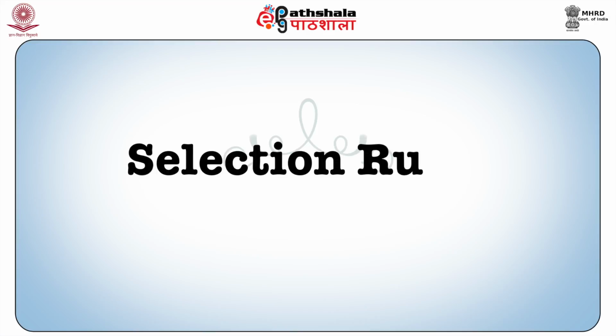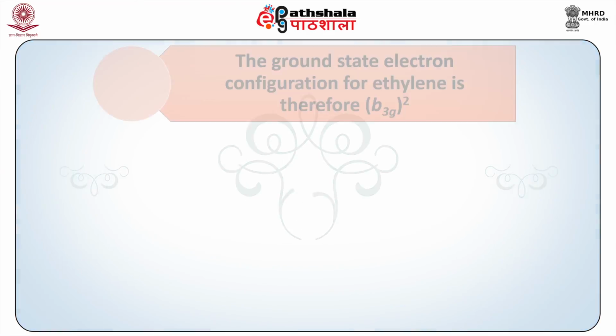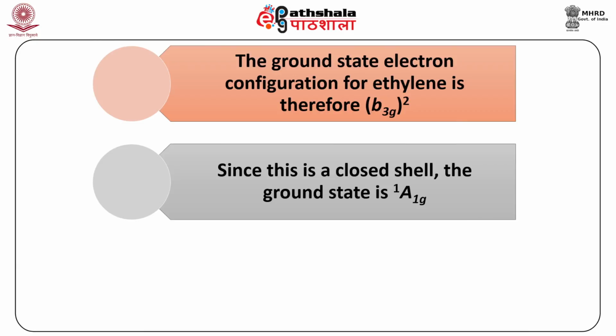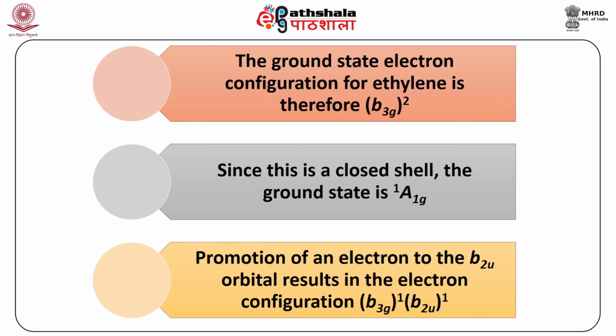Now we come to the selection rules. The ground state electron configuration for ethylene is therefore B3U twice, 2 electrons in this orbital. Since this is a closed shell, the ground state is 1AG. When you promote an electron to the B2G orbital, it results in the electron configuration B3U1, B2G1.